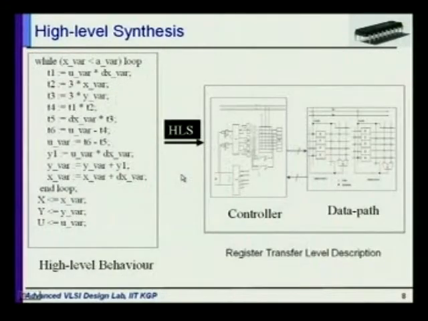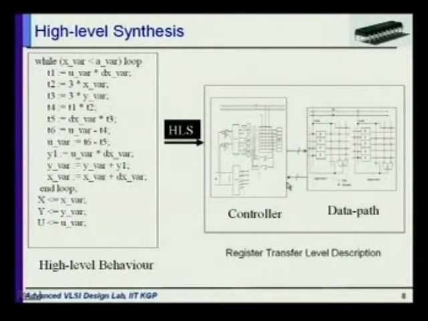So what is high level synthesis? It basically takes some higher level behavior written in maybe C, VHDL or Verilog and converts it to the register transfer level description, which consists of a data path and a controller. The RTL level description consists of some function units, some registers and their interconnections, and a controller basically controls the execution of the data path.